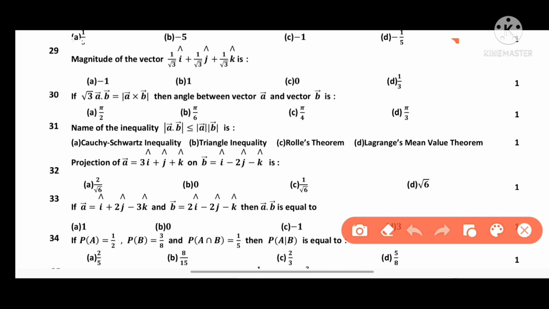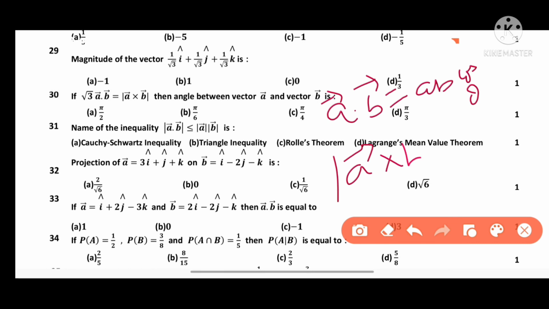Then angle between vector a and b is, a dot b is equal to magnitude of a and magnitude of b cos theta, and cross product is equal to AB sin theta.